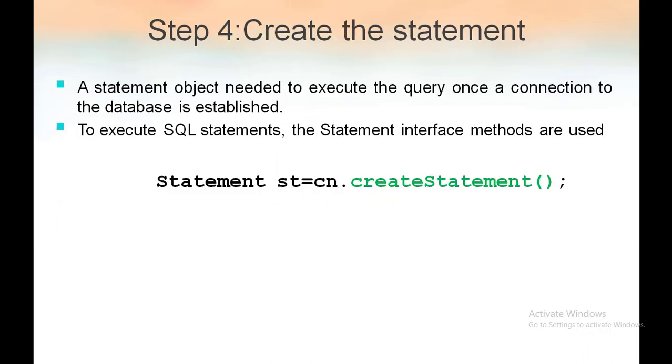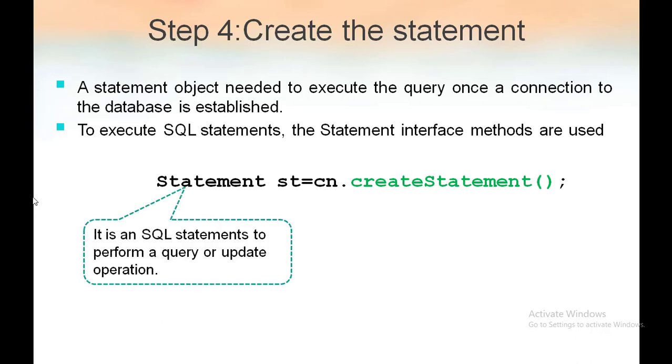After connectivity, next step is create the statement. We are creating the statement to fire SQL query, to execute SQL query. To execute SQL statement, the Statement interface methods are used.